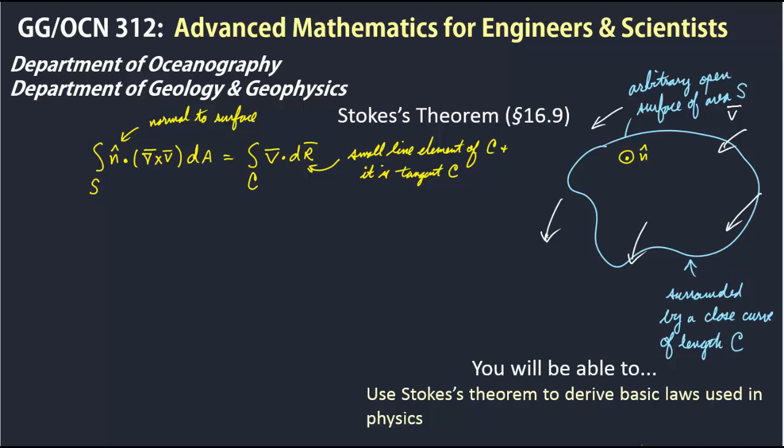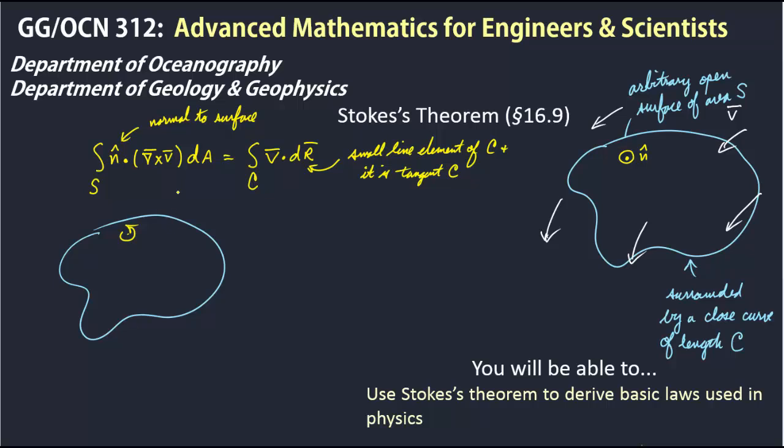Okay, so if we look at the left-hand side, I'm going to redraw my arbitrary surface. Remember, the curl relates to the angular momentum of V. And if there is circulation, say counterclockwise, then the curl will be outward, parallel to n hat.